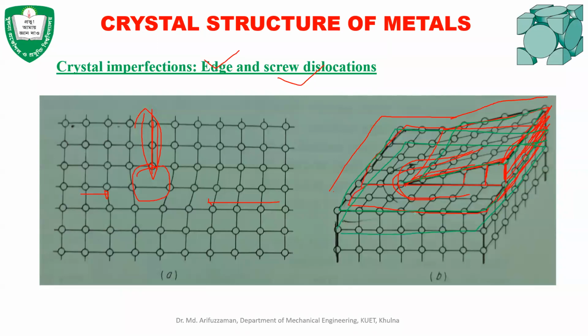The planes were supposed to be like this. All the planes are supposed to be horizontal, but suddenly one plane of atoms comes into here because of the imperfection, and then all other planes on top of this will be arranged like this curved plane. Okay, and that is why it is called the screw dislocation.